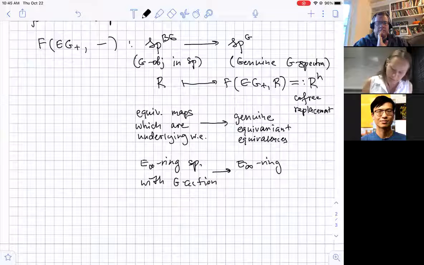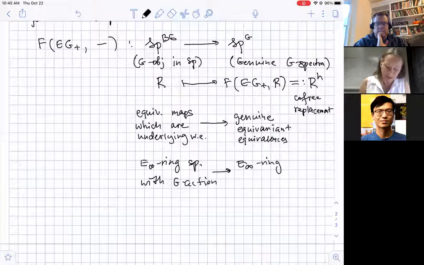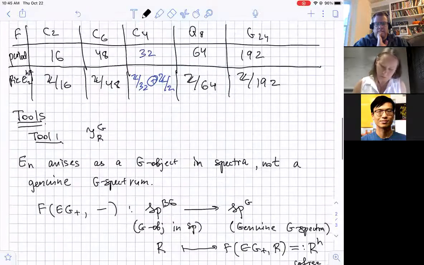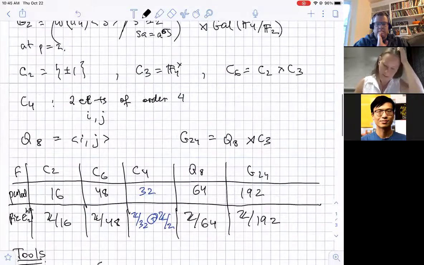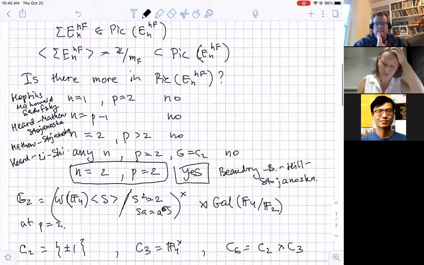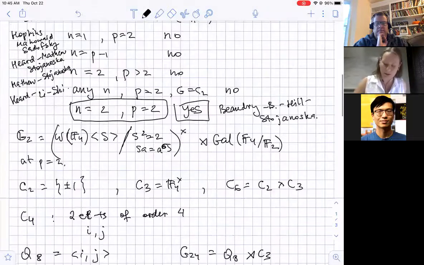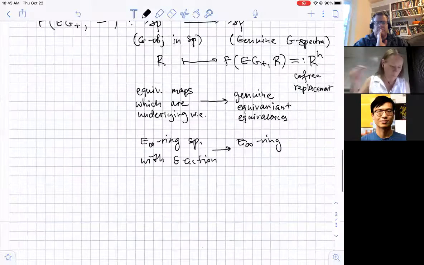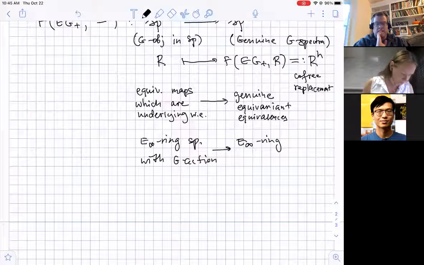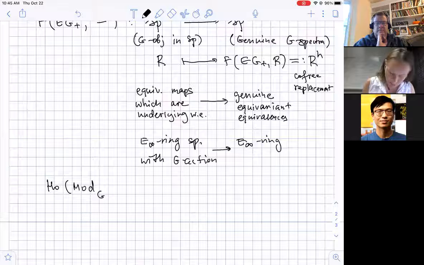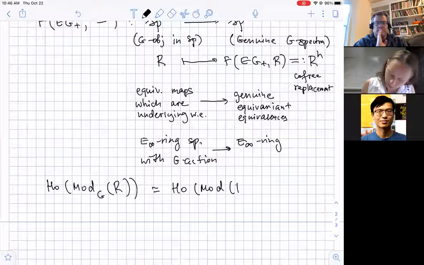Okay, so that means that instead of studying modules over E, over these guys over here, over E and HF, we can study modules in the category of EM modules. The homotopy category of G modules over R is the same as the homotopy category of modules over RHG.